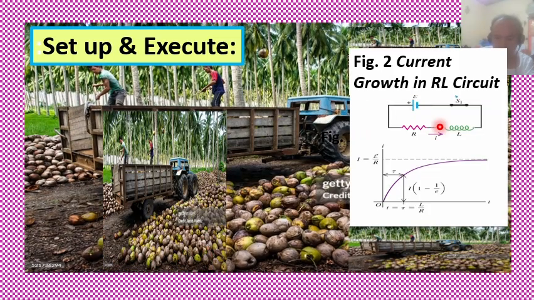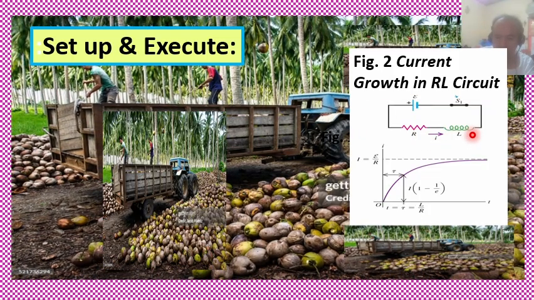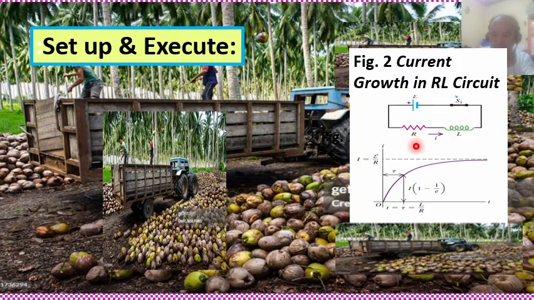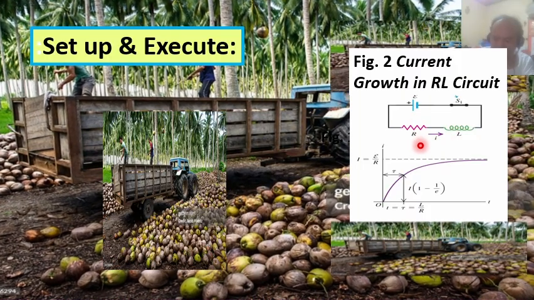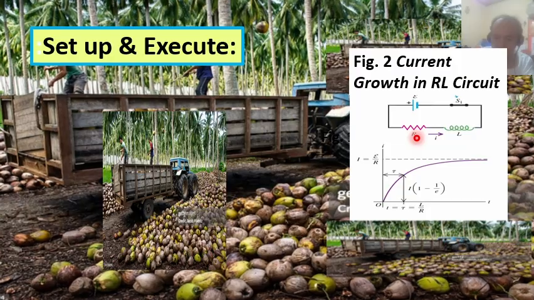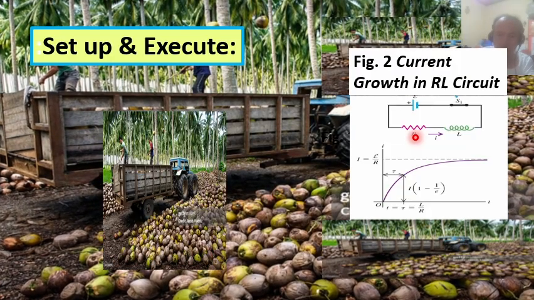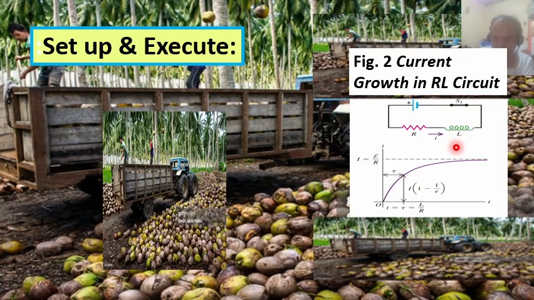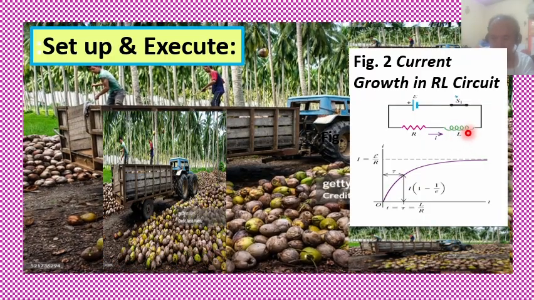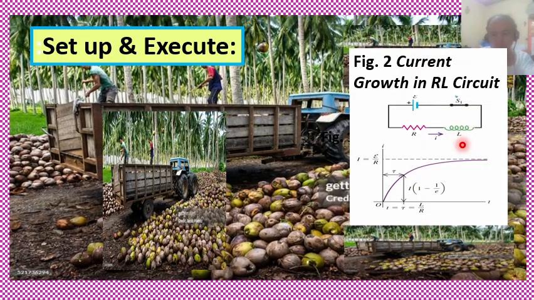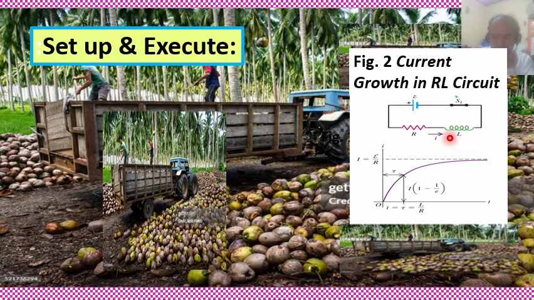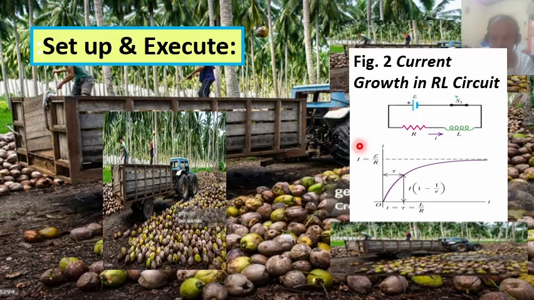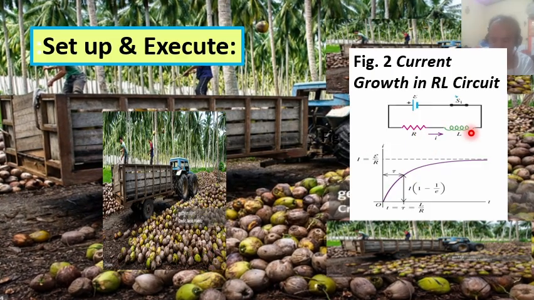For simplicity, let's assume that the resistance here, big R, is the combined resistance of the two original resistors, and the inductor here represents the total inductance of the three inductors in the original diagram.